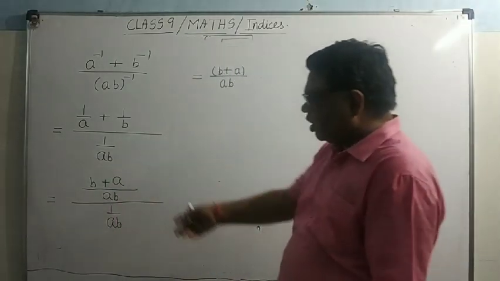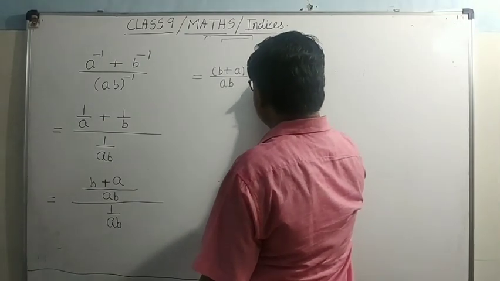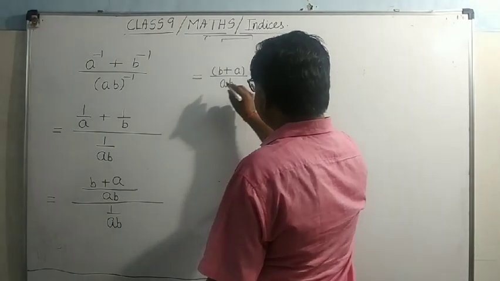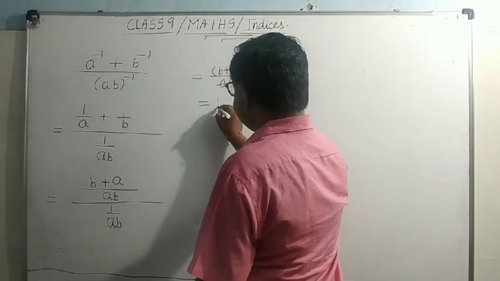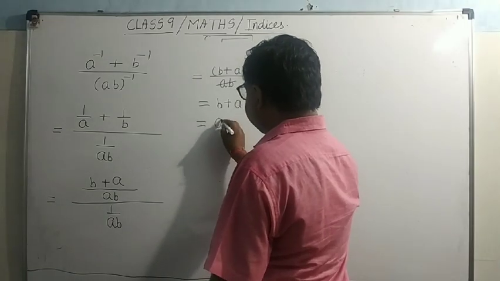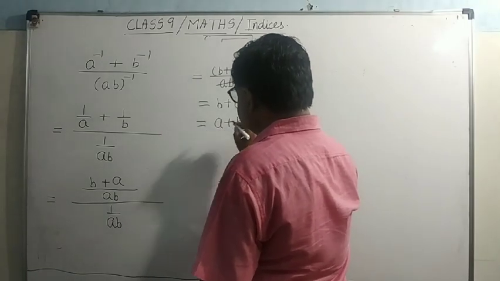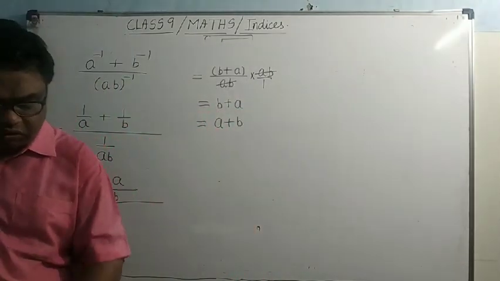And it will invert and multiply. So ab upon 1. ab and ab cancelled. What will you get? b plus a. b plus a can be written as a plus b. So this way we have simplified.